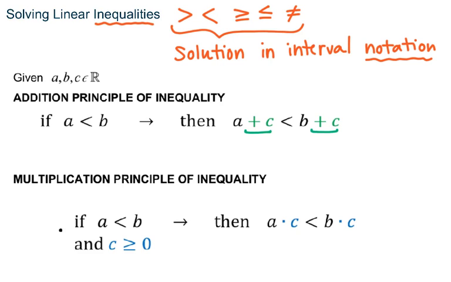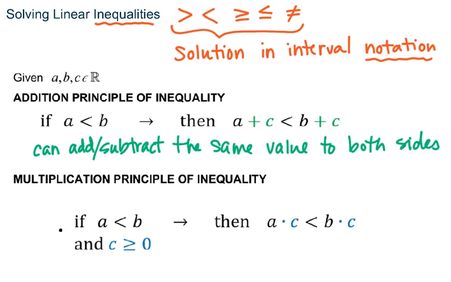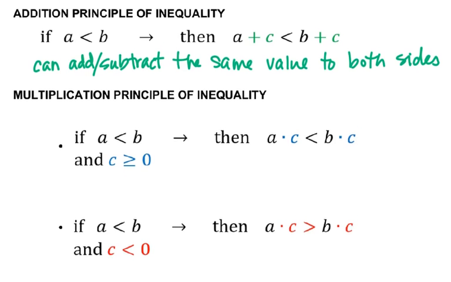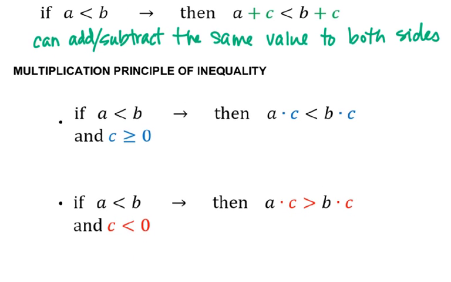So we can say plus C to both sides of the inequality. And remember, addition is the same as subtraction. So that means we can add or subtract the same value to both sides of this inequality that we are dealing with.